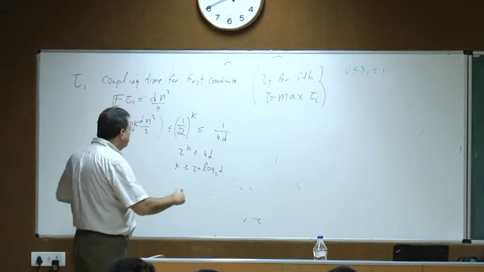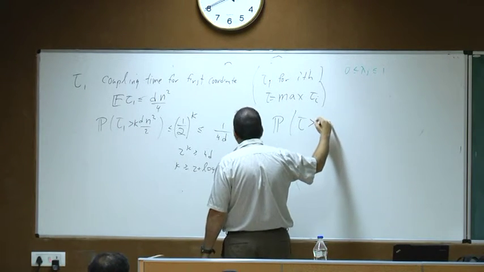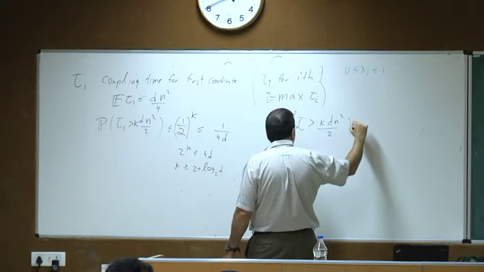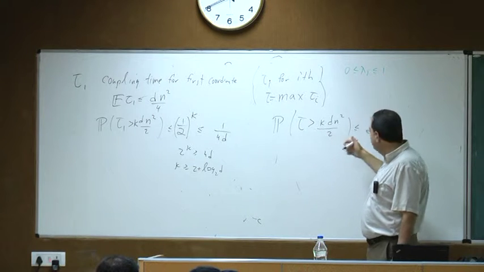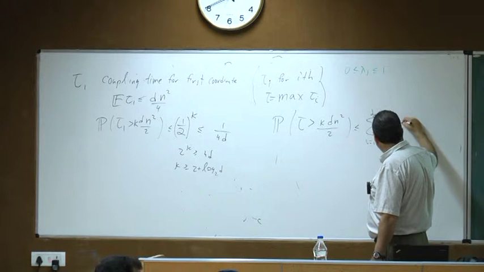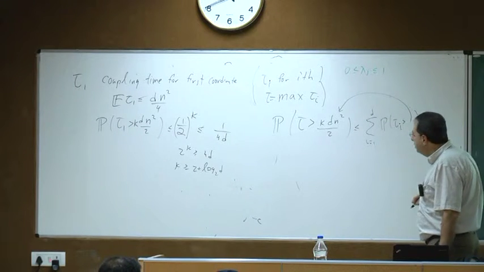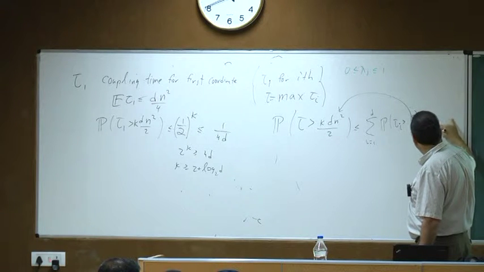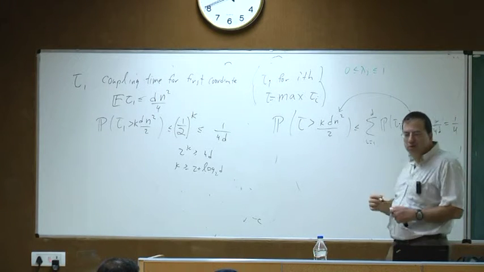But now, the probability that tau is bigger than this number k dn squared over 2, we can just apply a union bound, right? This probability is bounded by the sum over i from 1 to d of the probability that tau i is bigger than the same quantity. And this we've already bounded, so this will give you d over 4d, so a quarter, which was our arbitrary criterion.